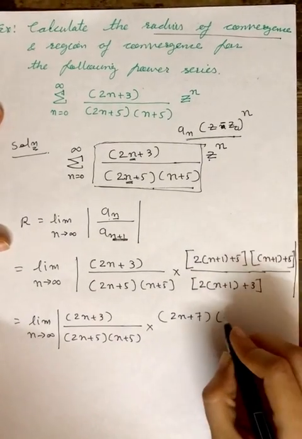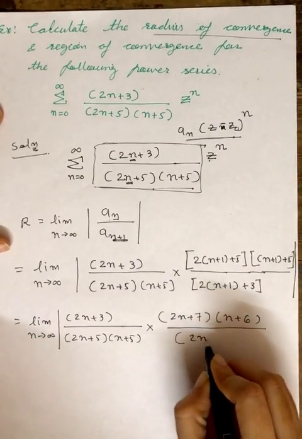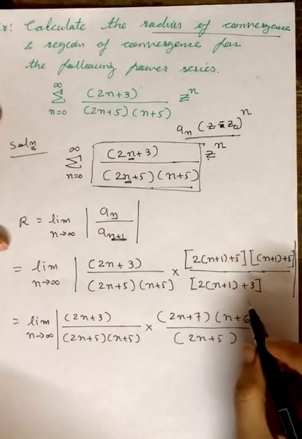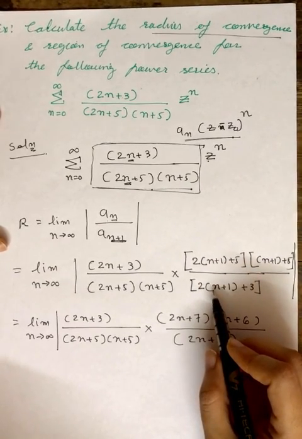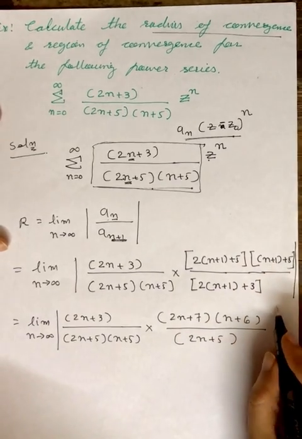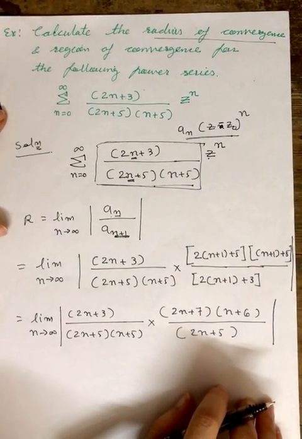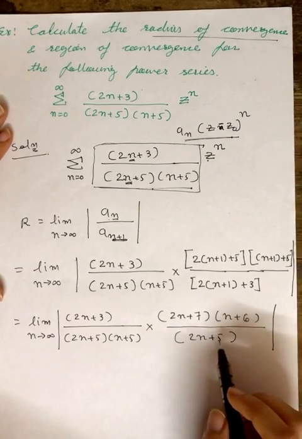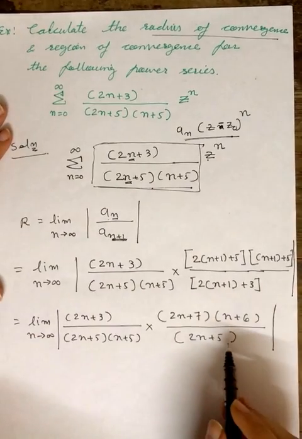And I will open the brackets for all the cases. Here I have 2n plus 5. Okay, is that correct? Yes, it is correct. Let us just check it out for a while in case we have made any mistake. Okay, it looks fine.